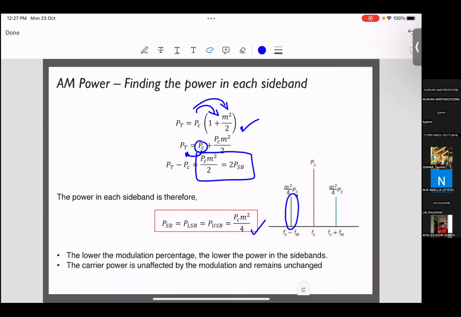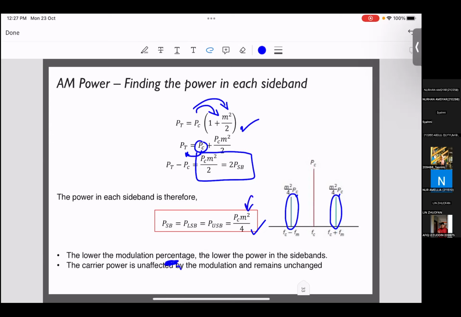So it will always be smaller than the power of the carrier. And we know this for a fact because sidebands are always going to be smaller than the carrier. If it's bigger than the carrier, then there's something wrong with your waveform. So the lower the modulation percentage, the lower the power in the sidebands.